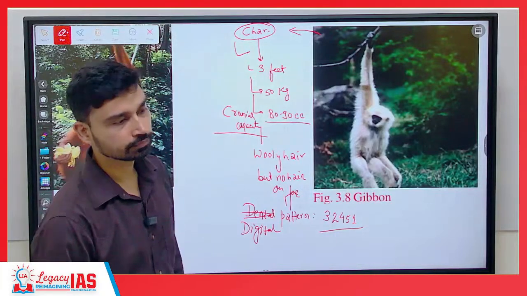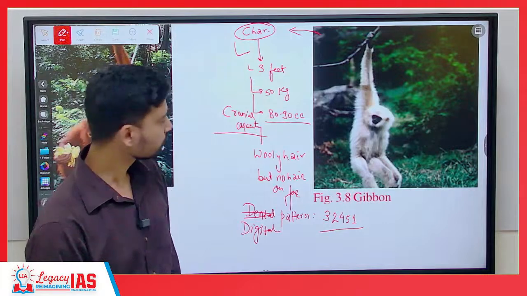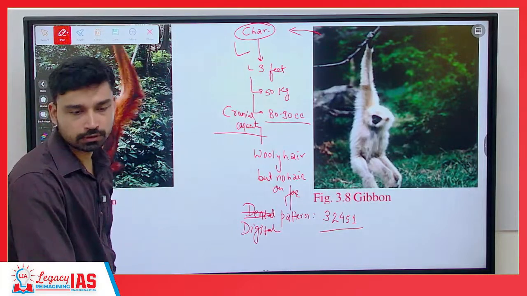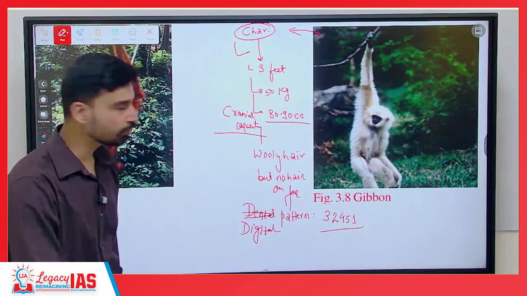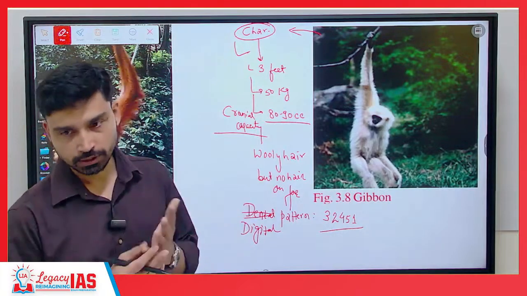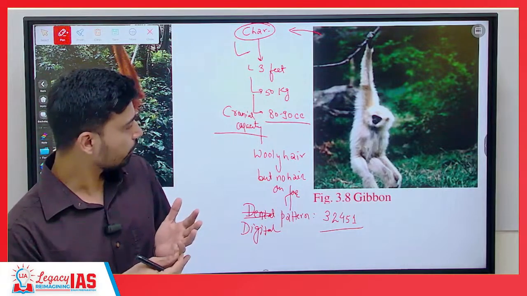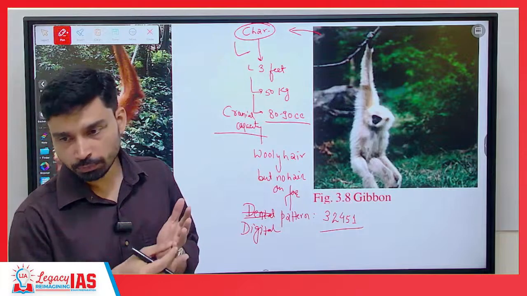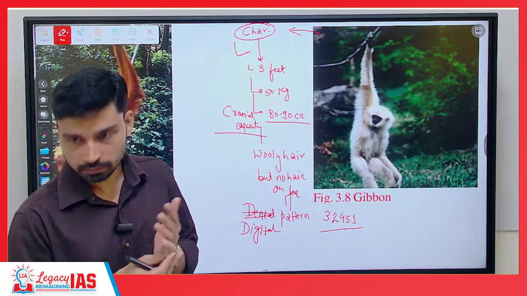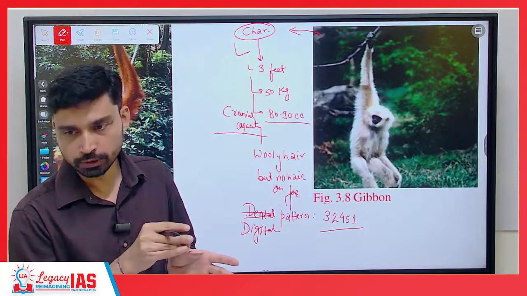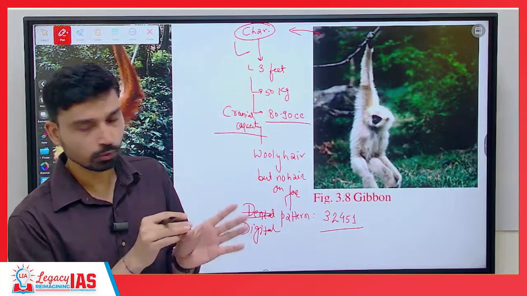Digital pattern means we are talking about the digits. What are digits? 5 digits we have in our hand. So 32451 refers to the number of bones that you have in a single finger. So we have 3, 2, 4, 5, 1 bone, starting from this one going to the thumb.